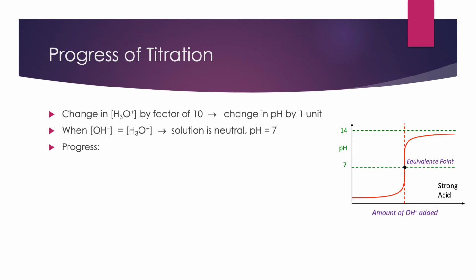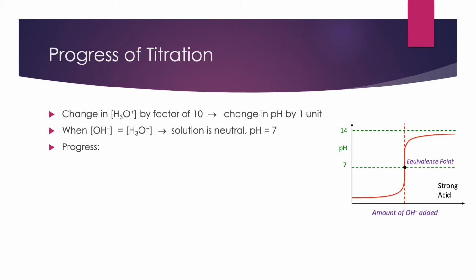Now let's think about the progress of the titration, see if we can understand why the curve has this interesting shape. And this shape, by the way, is very typical of a strong acid, strong base titration. In other words, it always looks like this kind of flat S. The equivalence point, which is midway up the vertical branch of this flat S, is always at a pH of 7 for a strong acid, strong base titration.